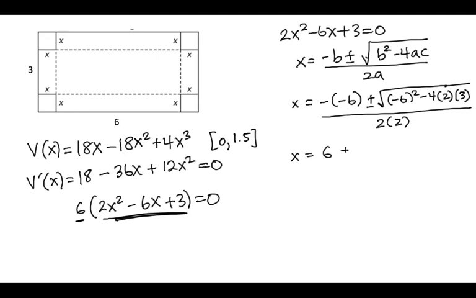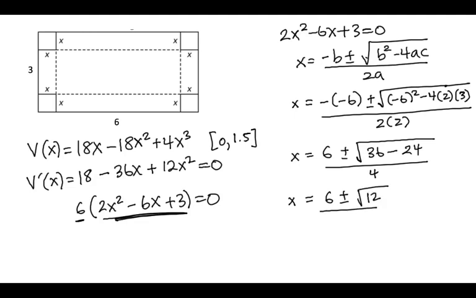So we'll get 6 plus or minus the square root of 36 minus, let's see, 4 times 2 times 3 is 24. So 36 minus 24 is 12.